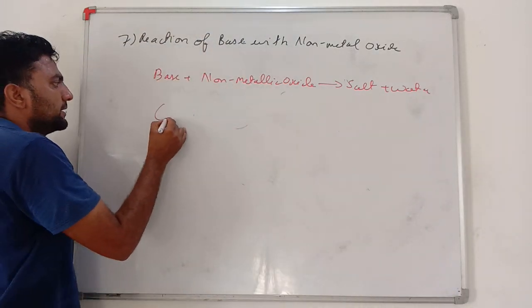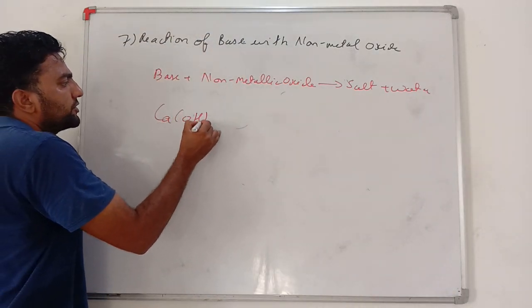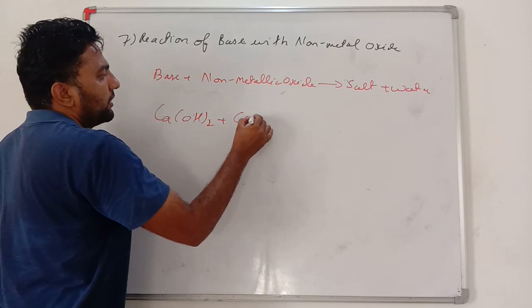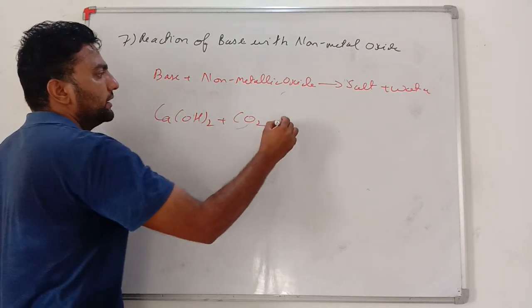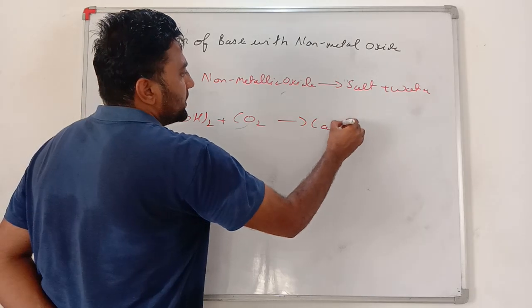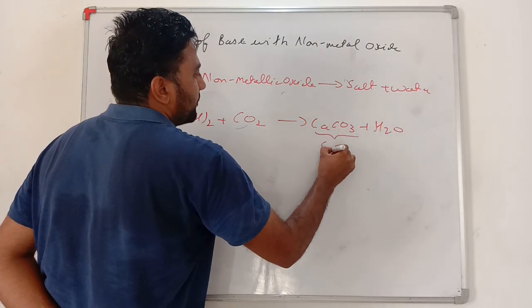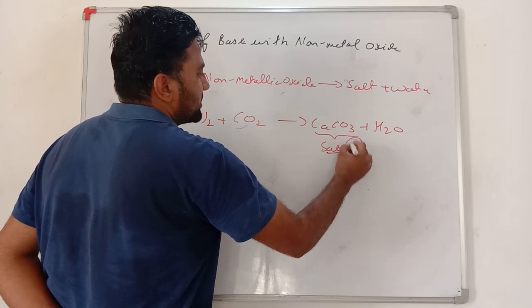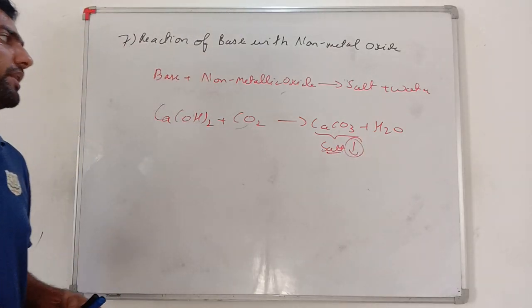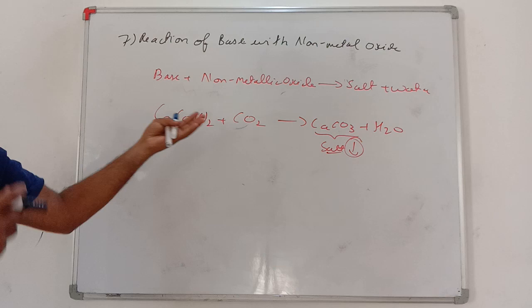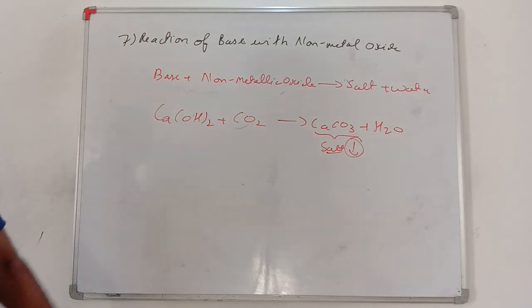How? That is, the base Ca(OH)2 plus the non-metallic oxide carbon dioxide gives CaCO3 plus water. This is calcium carbonate, that is the salt, a white colored precipitate, and H2O. This is also the same reaction which we do for checking the presence of carbon dioxide.